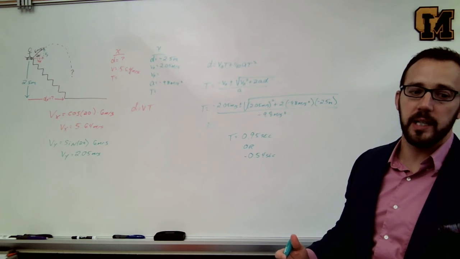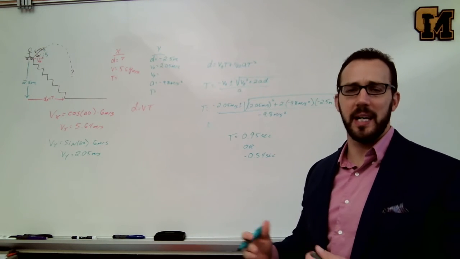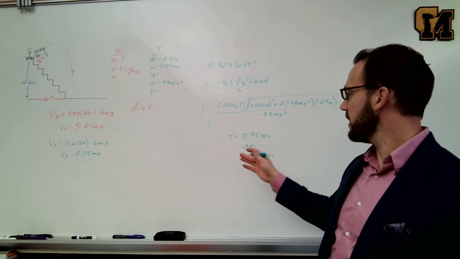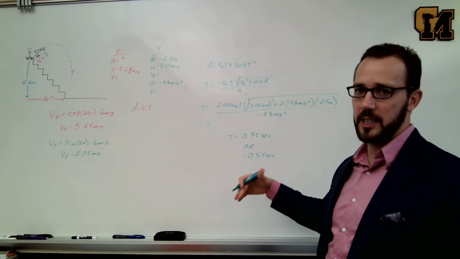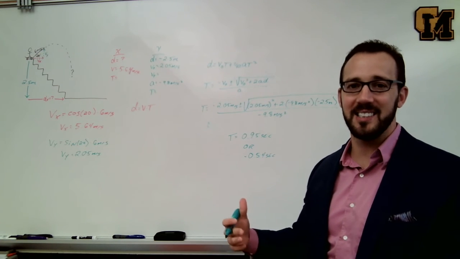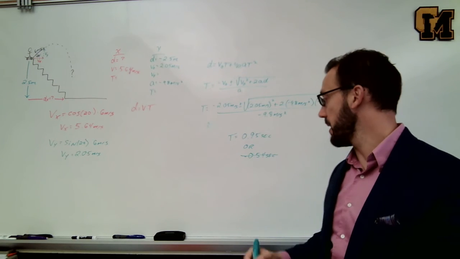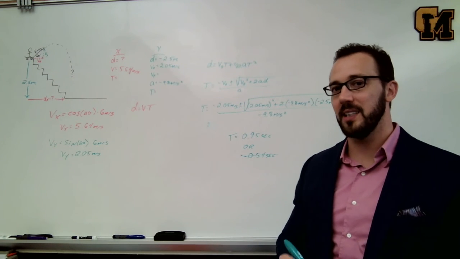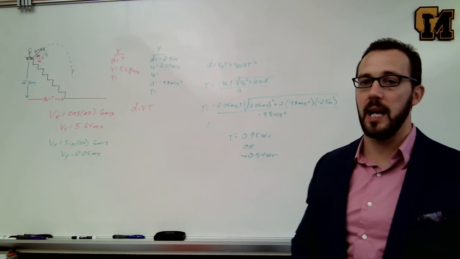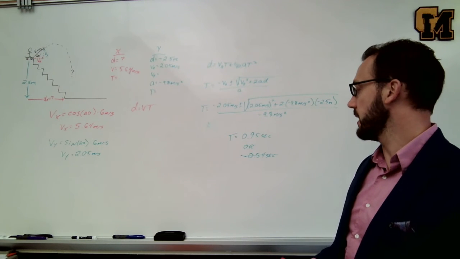Now, we don't deal with negative time in this class because negative time doesn't make any sense. In math class, we would be worried about both numbers. Here in physics, we're only going to use the number that makes sense in the physical world, and that's not going to be one that has negative time, meaning our time for us to land our skateboard is 0.95 seconds.